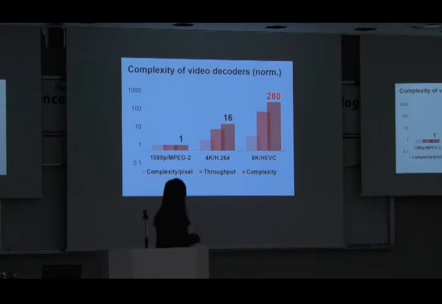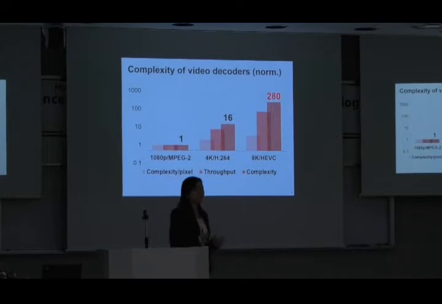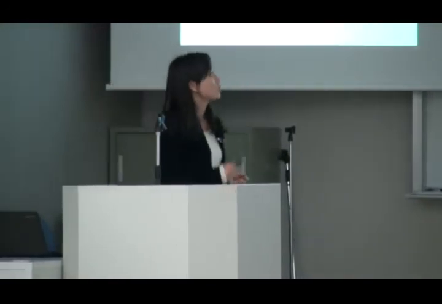So this is the complexity per pixel. And at the same time, the throughput is increased from 1080p to 4K to 8K. So finally, we find that for the required complexity, if we normalize MPEG-2 to 1, the complexity for the HEVC becomes 280 times.